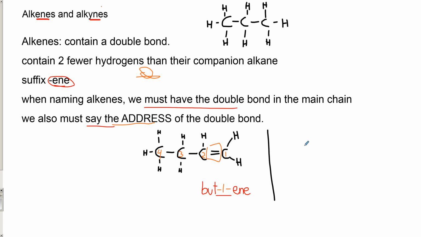I'm sure you're just dying to know. So I'm going to move the double bond over by 1, and I'm going to make tickies for the hydrogens. This carbon already has 3 lines coming out of it, so it gets a hydrogen out there, and that one gets a hydrogen out there.